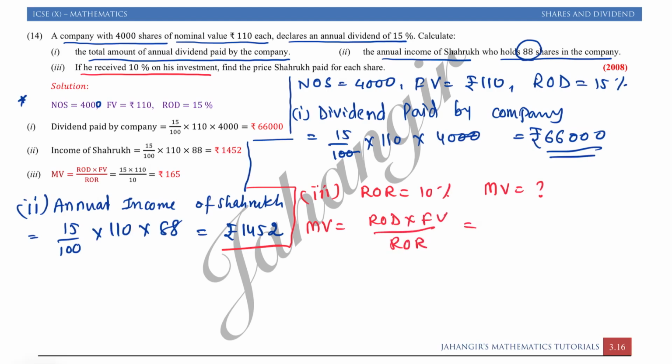This formula is very helpful. ROD is 15% upon FV is 110 upon rate of return Shahrukh gets is 10. So 10 will get cancelled. 15 into 11 is rupees 165. So Shahrukh paid rupees 165 to buy each share.